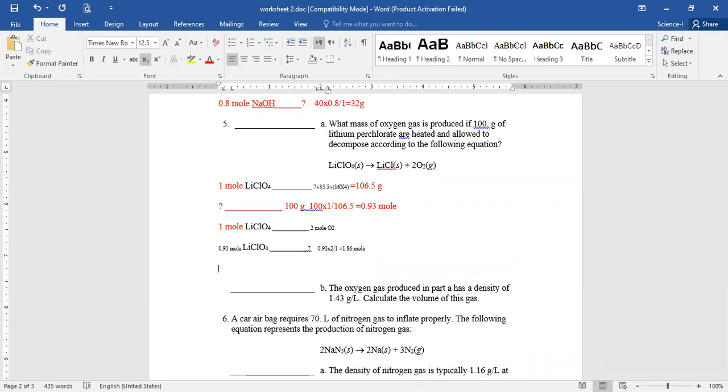We said that 1 mole of oxygen represents how many grams?